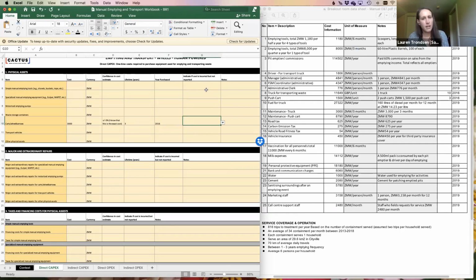This is kind of an interesting column. It says indicate if the cost is incurred, but it is not reported. And you can select an X there. This was because of a concern about missing costs that we sometimes have. Not super likely to come up in this case of a hand cart.